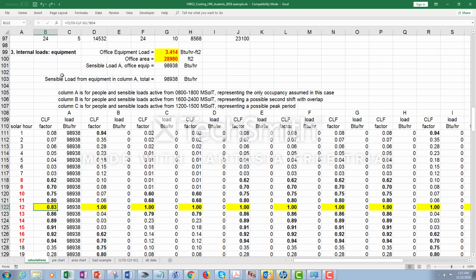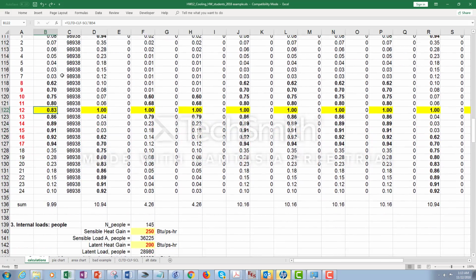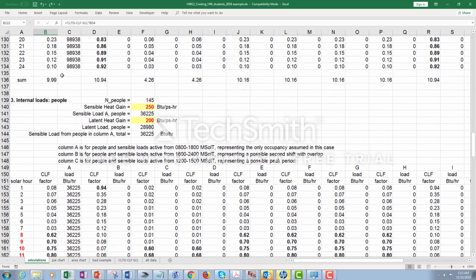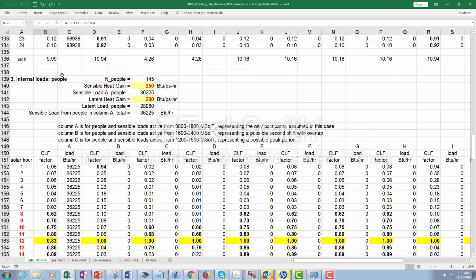Notice here we are assuming a type C space, moderate heat capacity, moderate flywheel effect, which to me seems reasonable, particularly for the way we would actually use it in the CLTD method.